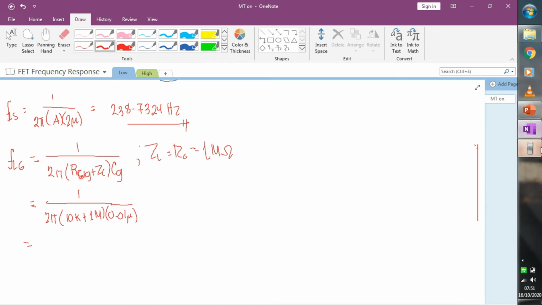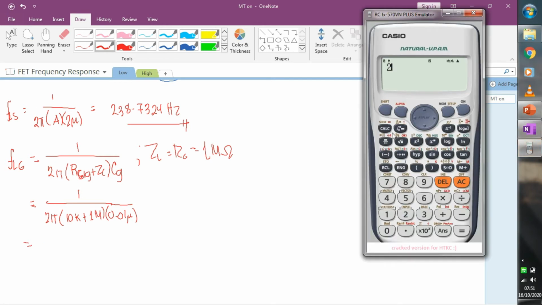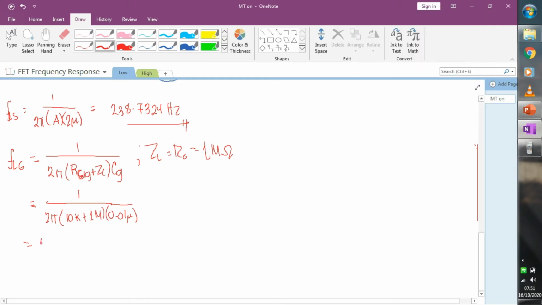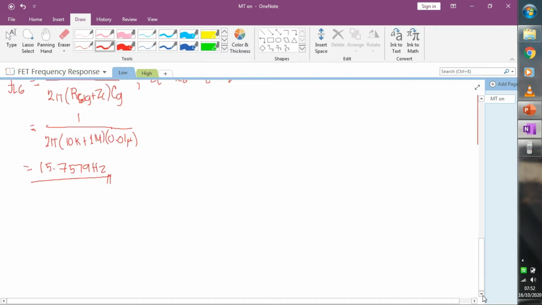So let us see. 2 pi times 10 times 10 to the 3 plus 1 times 10 to the 6 times 0.01 microfarad. That is equal to 15.7579.